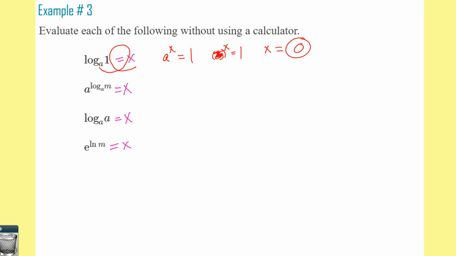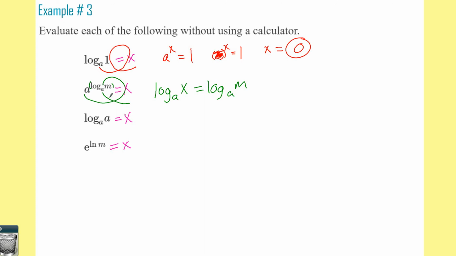Okay, let's keep looking at it. Okay, so here we have it in exponential form. This is a to some power equals x. So this is exponential, so we need to write it into log form. Okay, so we get log base a of x equals log base a of m. Huh.